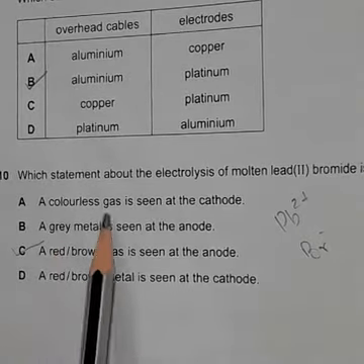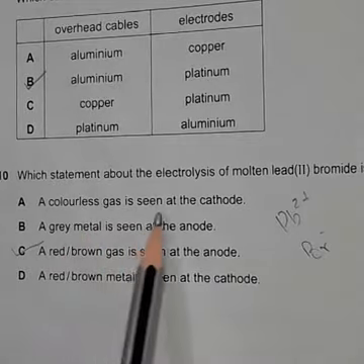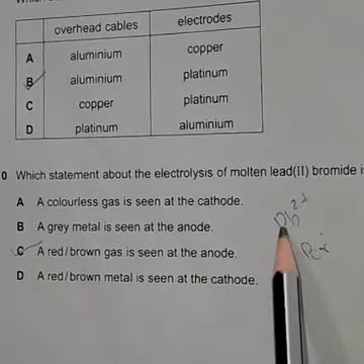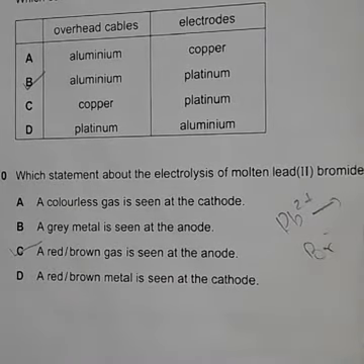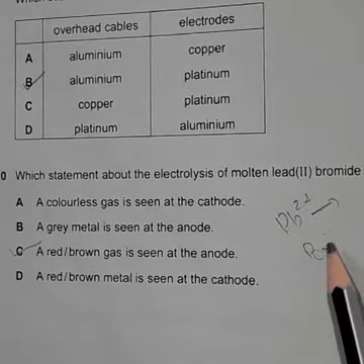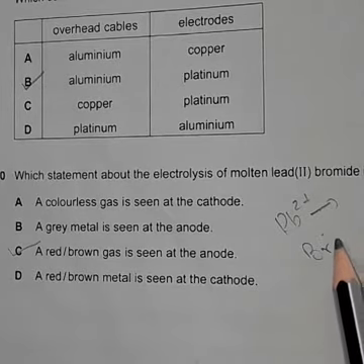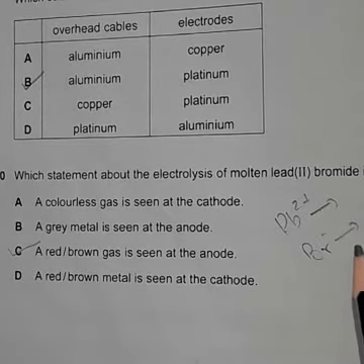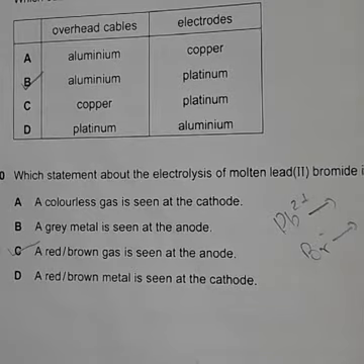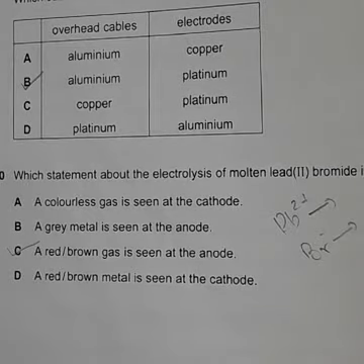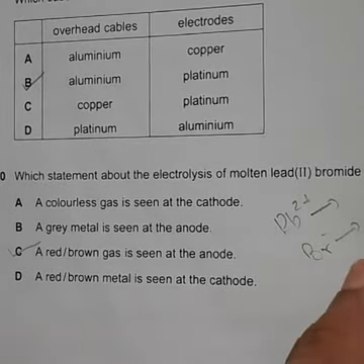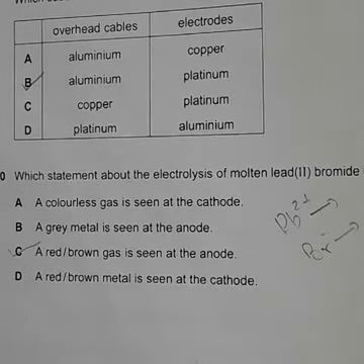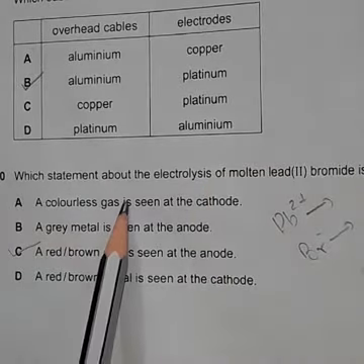Look here, a colorless gas is seen. Lead bromide means Pb2+ and Br-. Pb2+ will go towards the cathode and shiny metal lead is formed. Br-, bromine, will be formed at the anode, a red-brown gas. So there is no colorless gas.